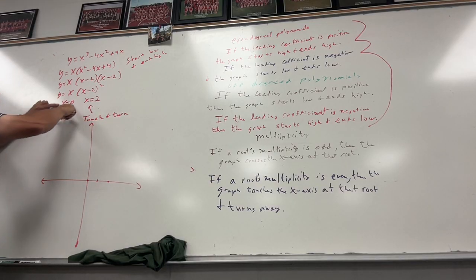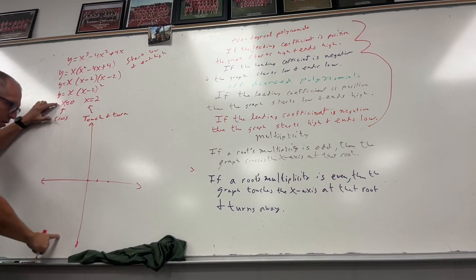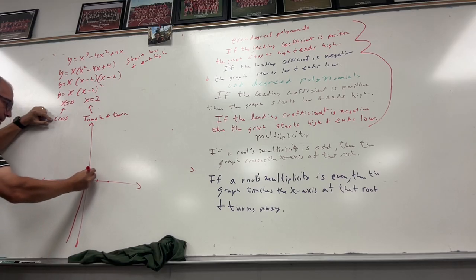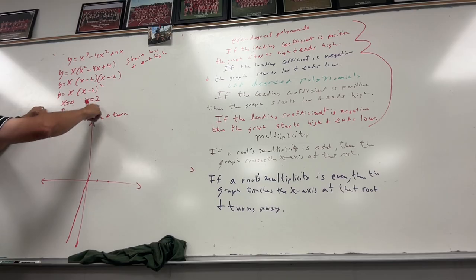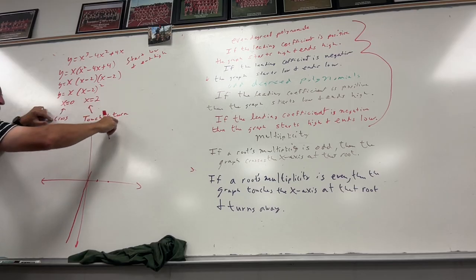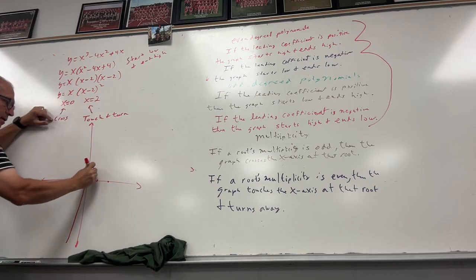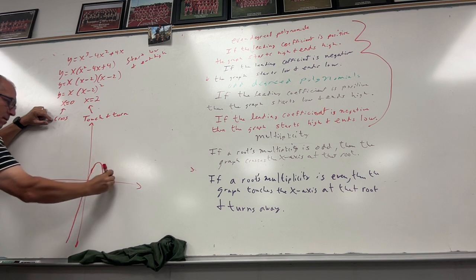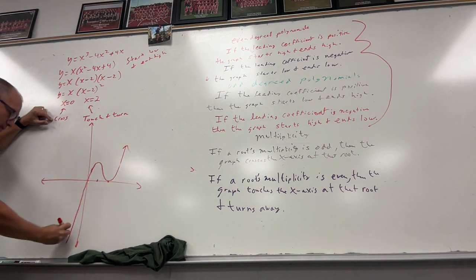When I get to 0, that's going to be the first intercept I cross. What am I going to do? I'm going to cross the axis there. Now, when I get to 2, I need to touch and turn away. So I'm going to come back, loop down, then touch and turn away there.